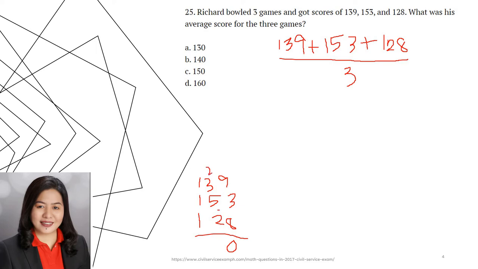That's 510. 12, carry 1. That is 420. So 420 divided by 3 will give us 140.